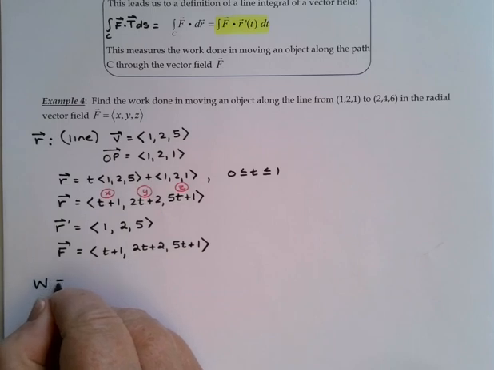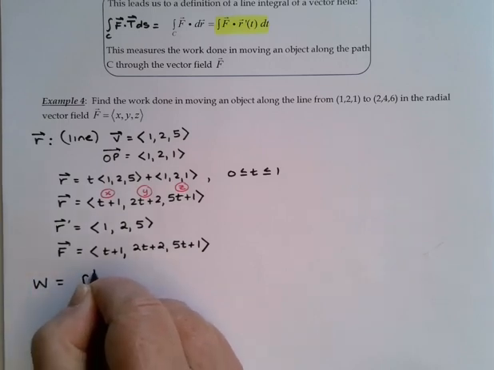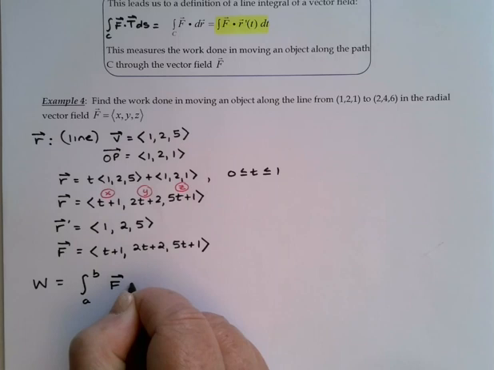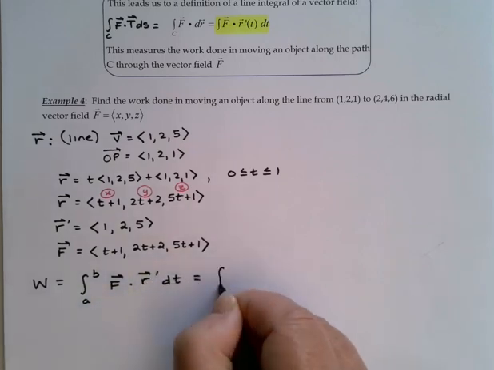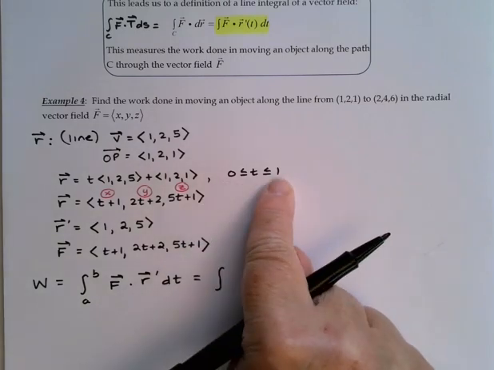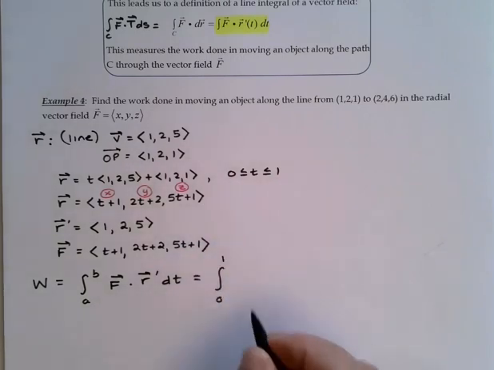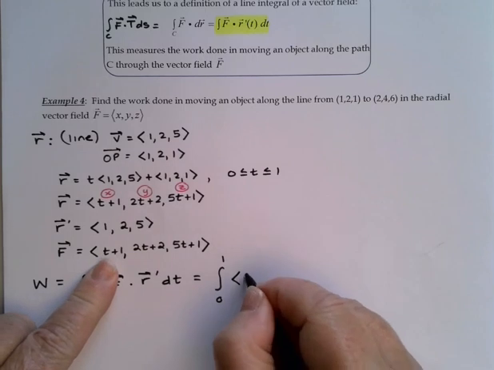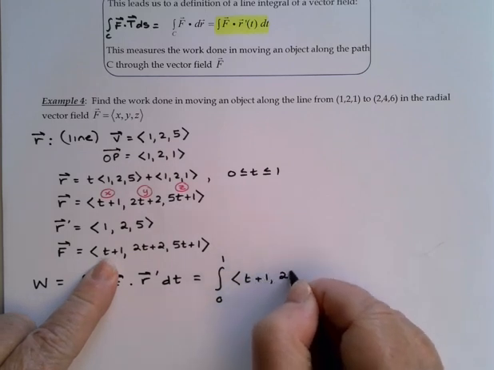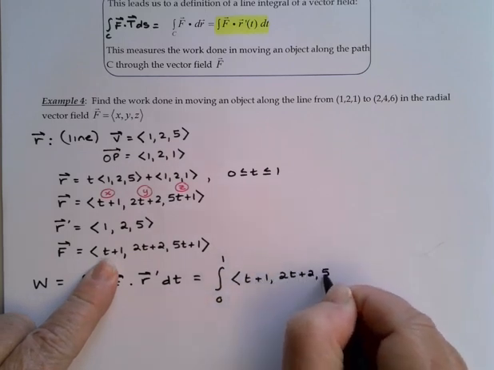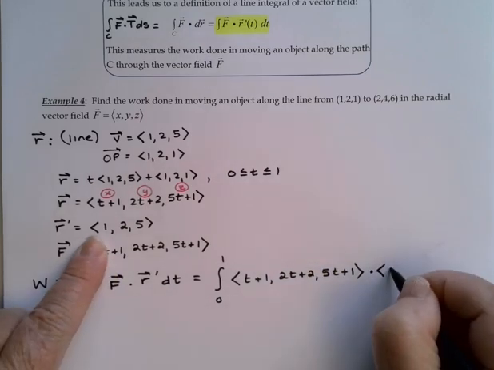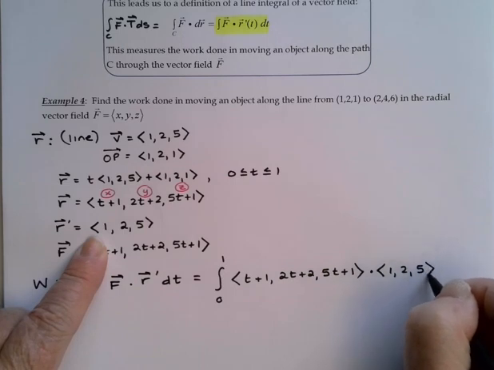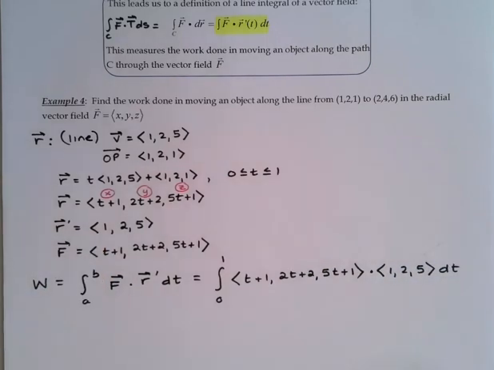The work, the integral from a to b of f dot r prime dt will be the integral from 0 to 1 of this vector field f dot product with the r prime dt.